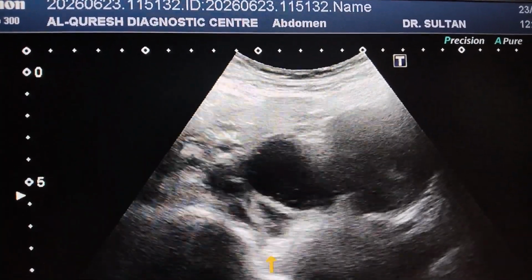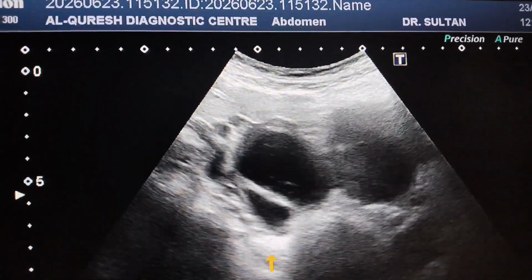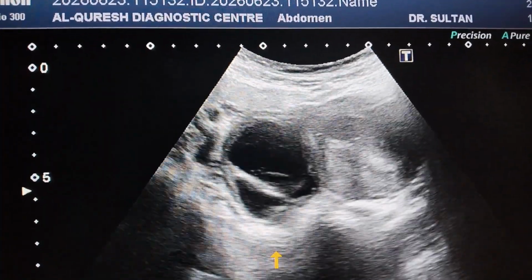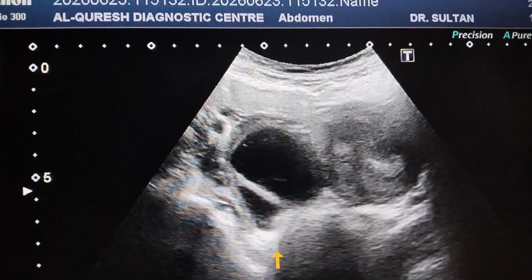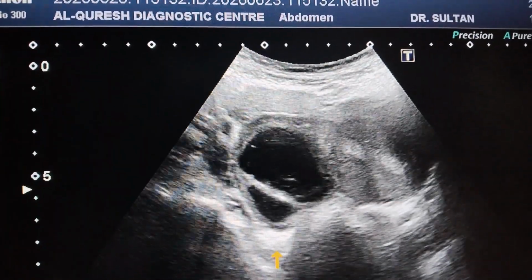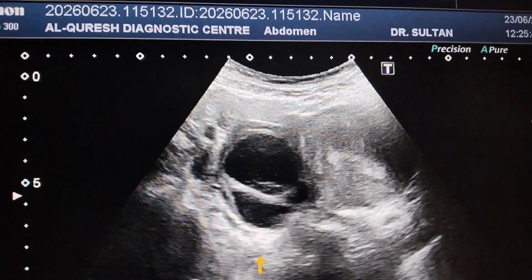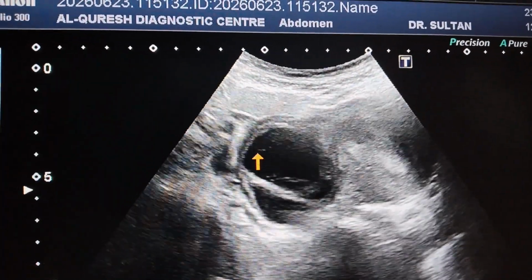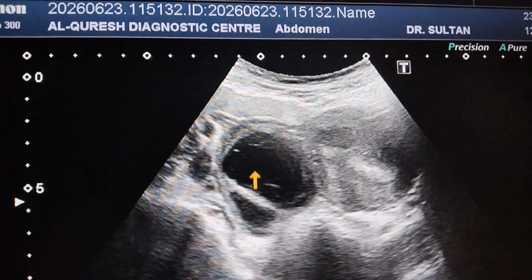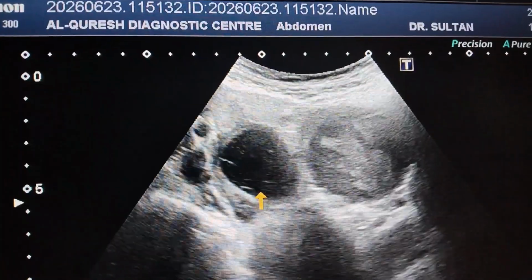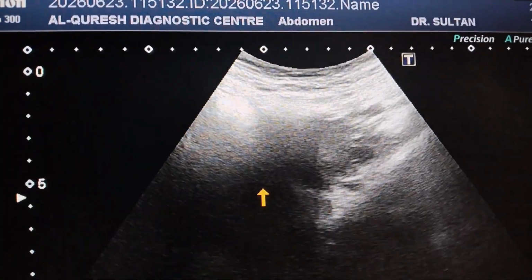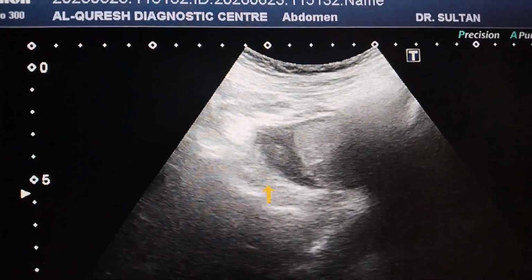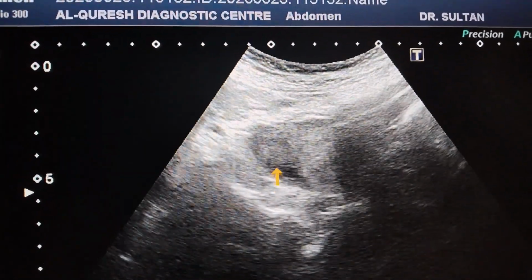Now, whenever we appreciate a lesion within the pelvic region, we should scan the ovaries, right-sided and left-sided. So this is the right adnexal region, a cystic lesion, or we can say cyst, and I'm going to see the left adnexal region.